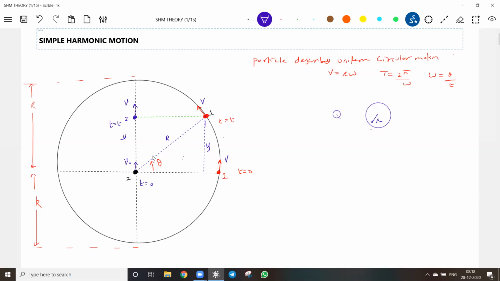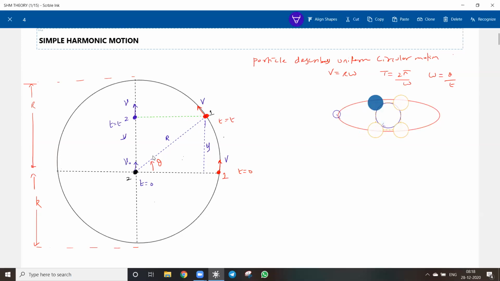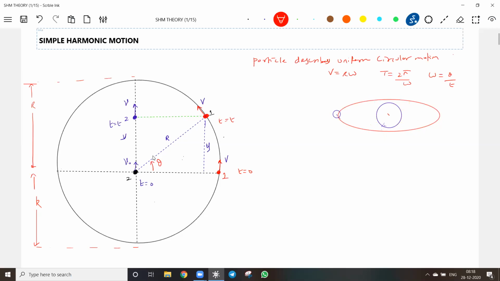So based on that, we can say it will be revolving in a circular path about this. Let's assume that. When the scientists made observations, what they noticed is that this particular heavenly object was describing a to and fro motion.